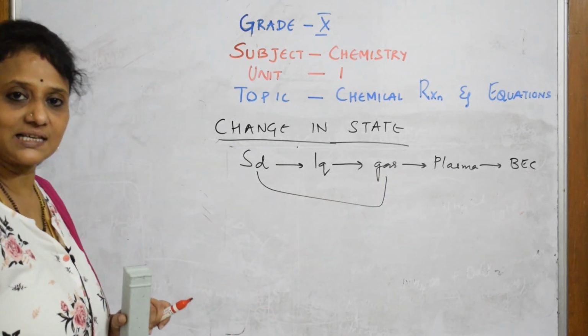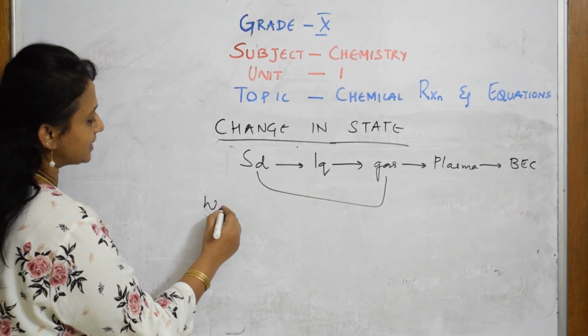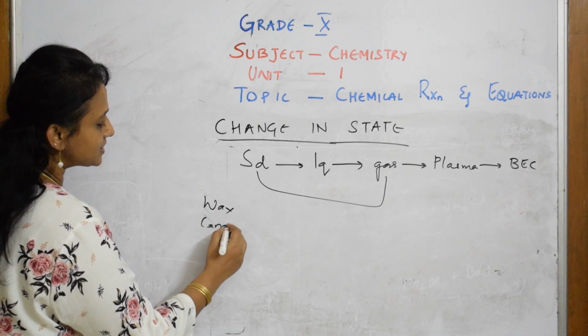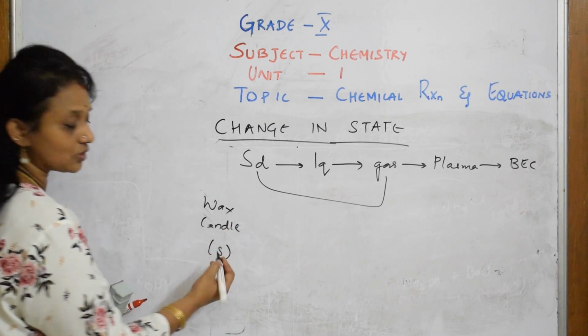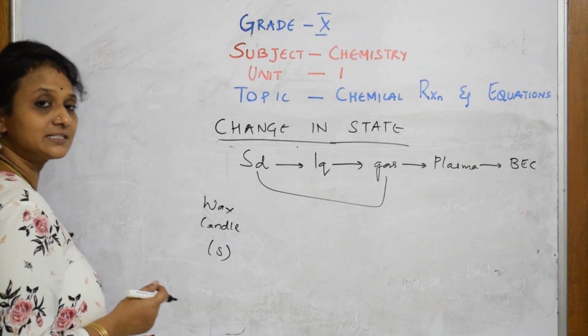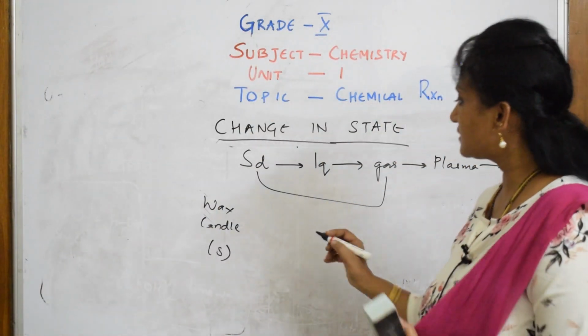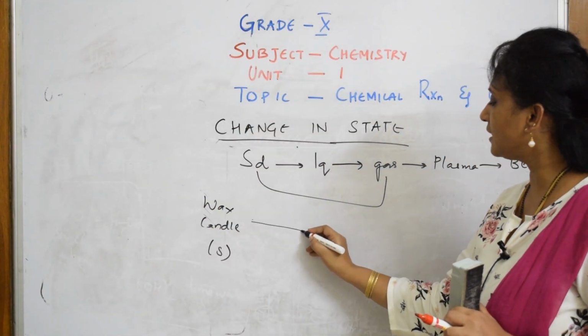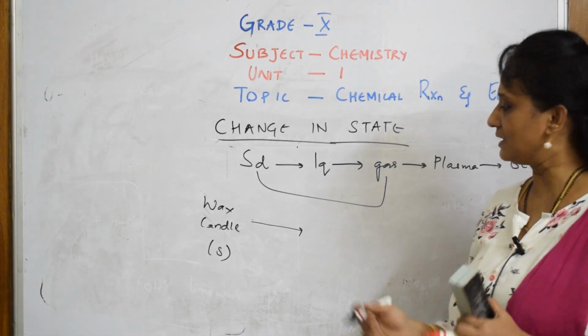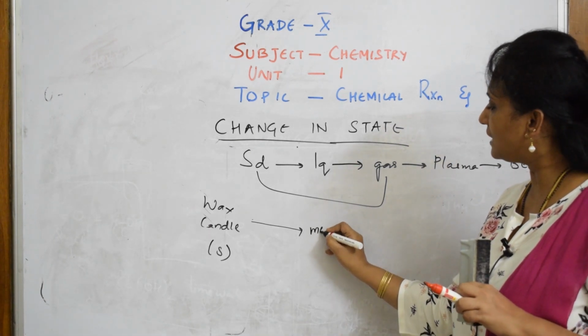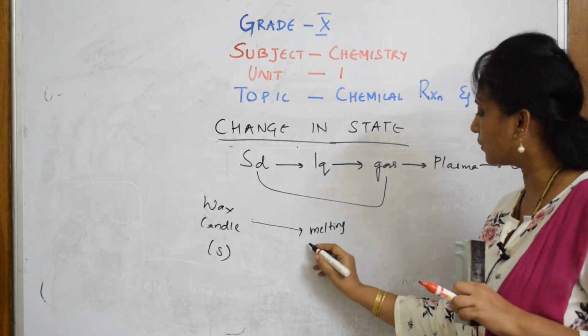Simple example, as I said, I'm going to take a wax candle. What is the physical state of a wax candle? A wax candle is solid. So S stands for solid. When it starts burning, slowly the wax starts melting. It will go to a melting stage, that is nothing but liquid.